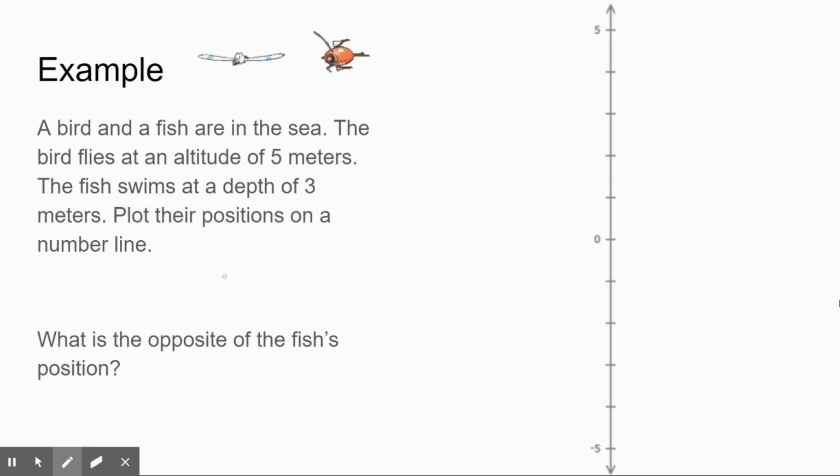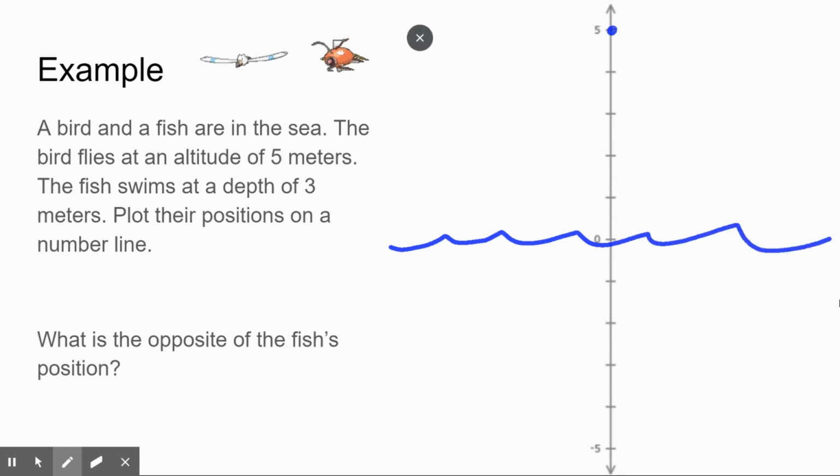So first of all, let's put our bird on the number line. We're going to make it blue. And we see that it is at an altitude of 5 meters. If we think about 0 being like sea level, that means the bird is going to be up here, up at 5.